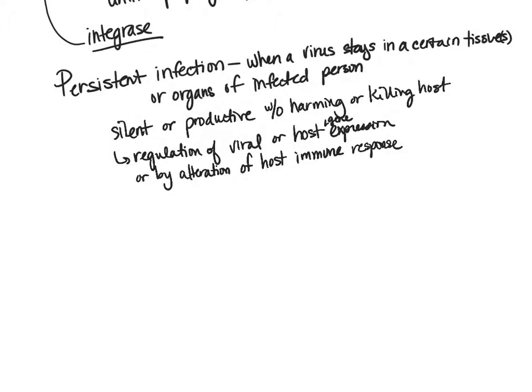So it can either regulate its own viral genes and how often they're expressed. Either it can just skip it altogether, so it would be a silent provirus or a silent persistent infection until it doesn't stay one. An example of this is a latent infection, which we'll talk about next.